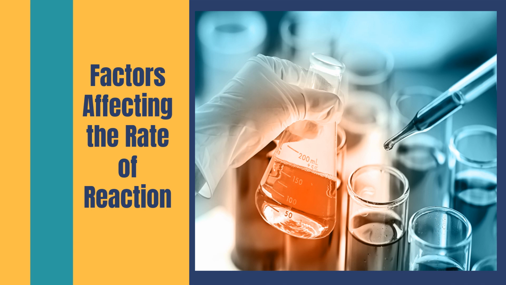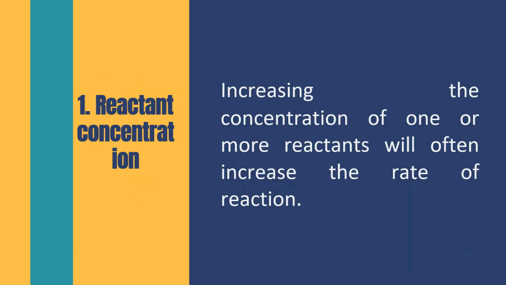Okay, so now let us proceed to the different factors affecting the rate of the reaction. The first one is the reactant concentration. Increasing the concentration of one or more reactants will often increase the rate of the reaction.